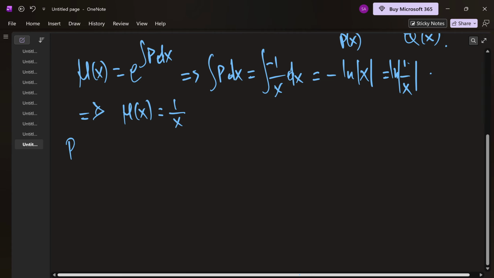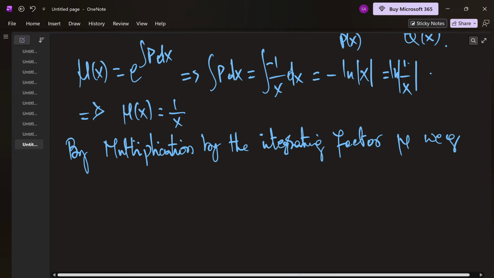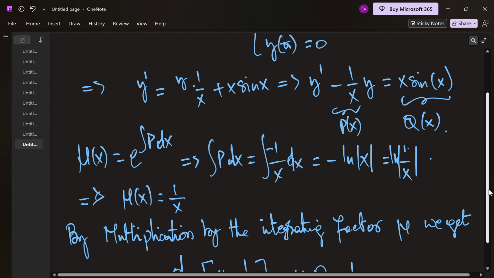So by multiplication by the integrating factor, what we get is that the derivative of y times the integrating factor 1 over x is equal to the integrating factor times q, which is 1 over x times, what is the value of q? x sine x.